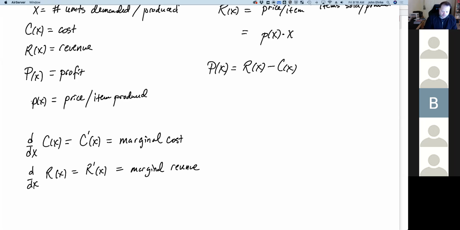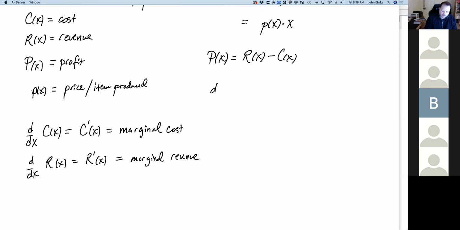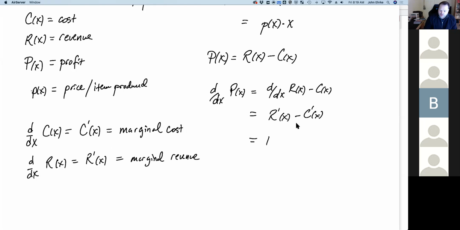And the derivative of profit would be equal to the derivative of revenue minus cost, which is R prime minus C prime. So if you take the difference of the marginal revenue and the marginal cost, you get P prime, which is the marginal profit.